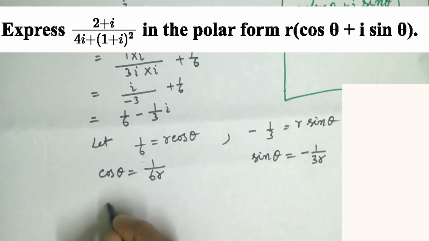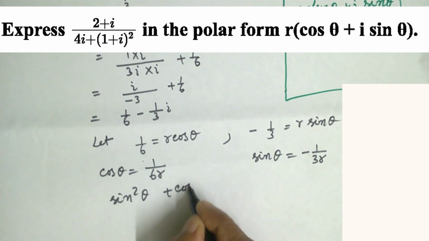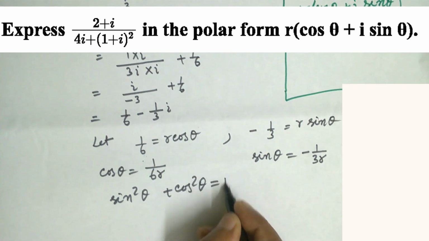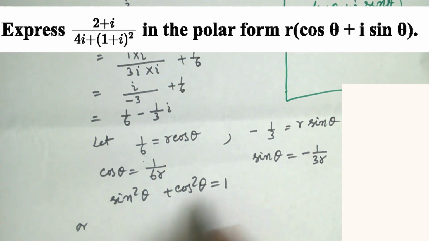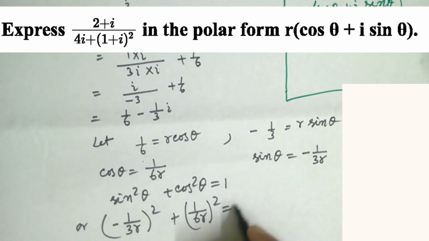Now use the formula: sin² θ + cos² θ = 1, that is (1/3r)² + (1/6r)² = 1.